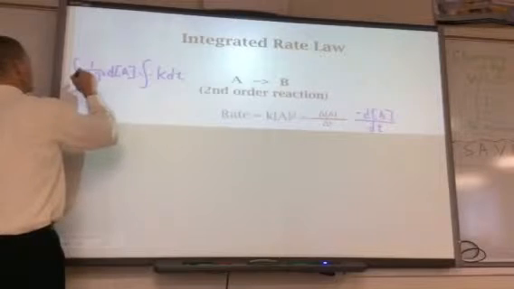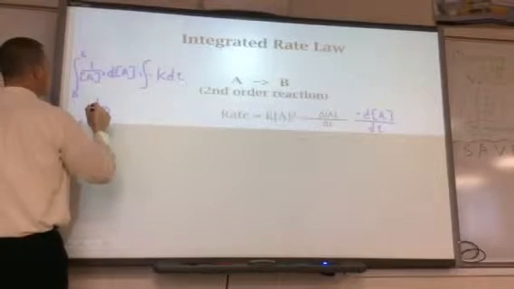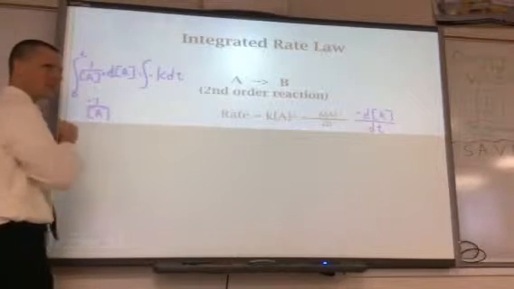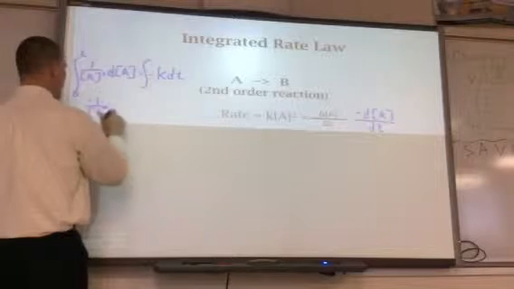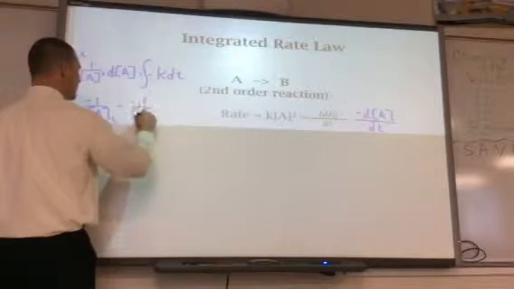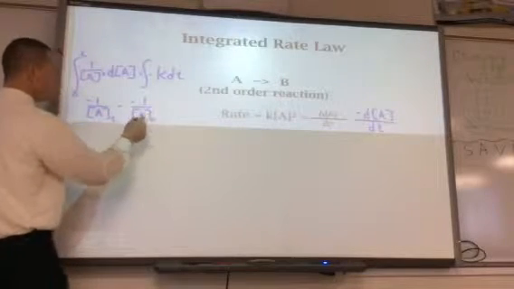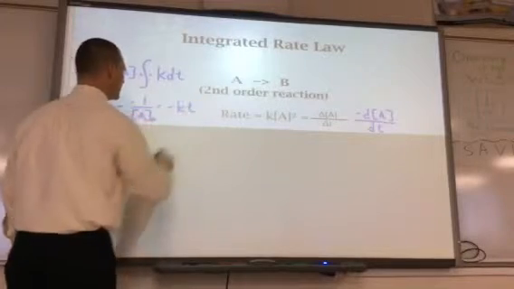Now remember that was from time 0 to time t. So it's negative 1 over the concentration of A at some time t minus negative 1 over the concentration of A at time 0, that was the initial concentration, equals negative kt.